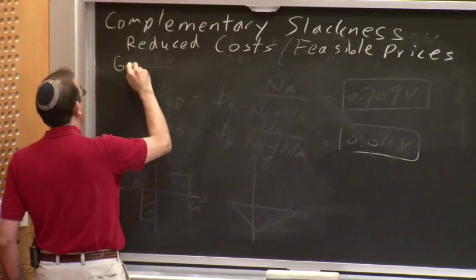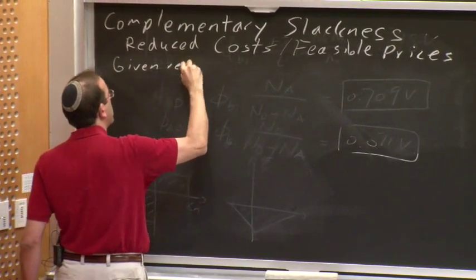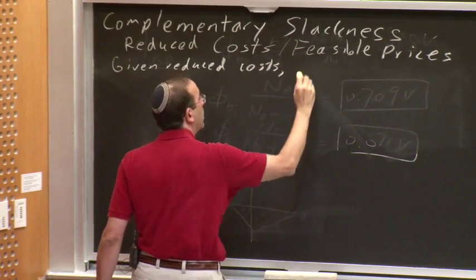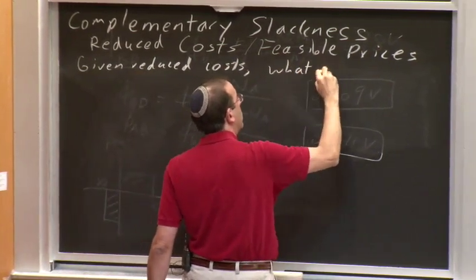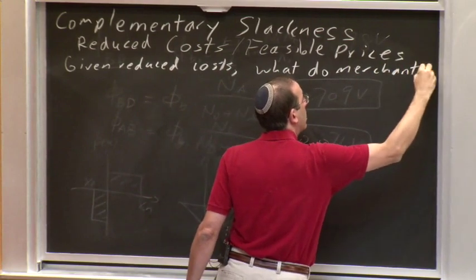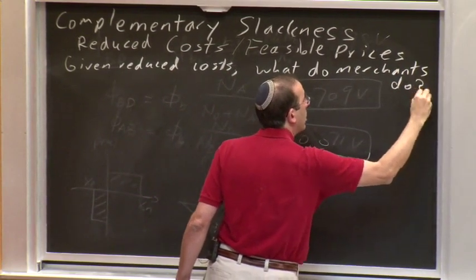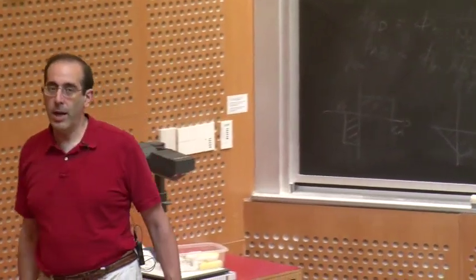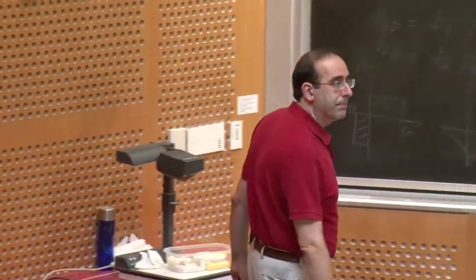So, given these reduced costs, what do the merchants do? Where am I going to see shipments of widgets, and where am I not going to see shipments of widgets?